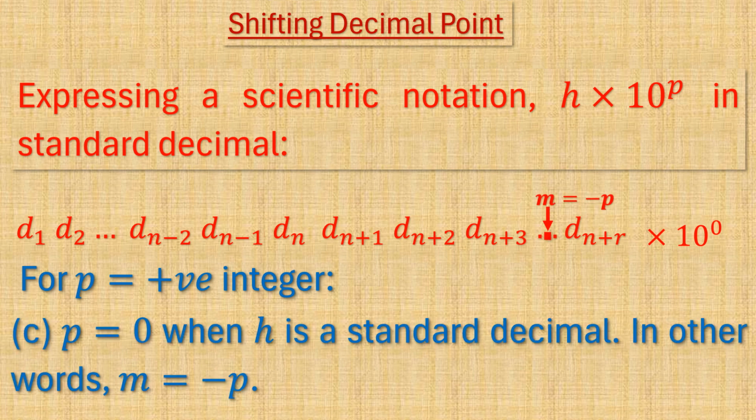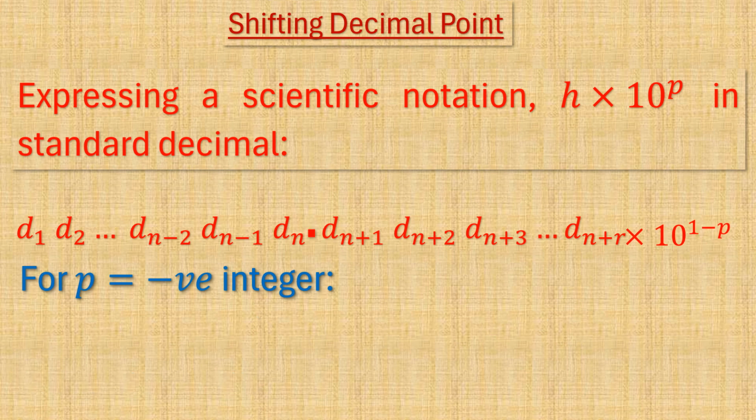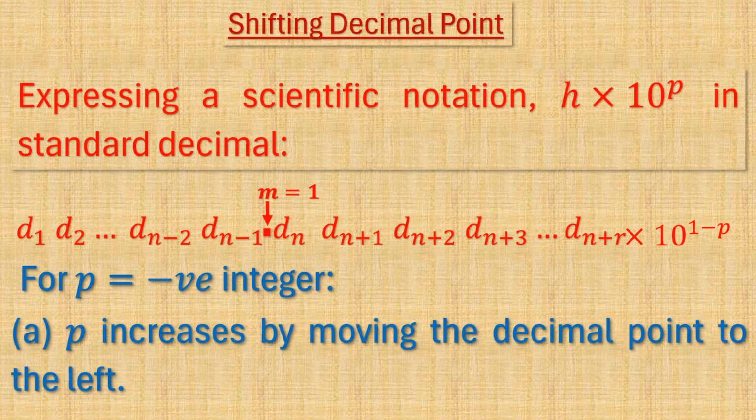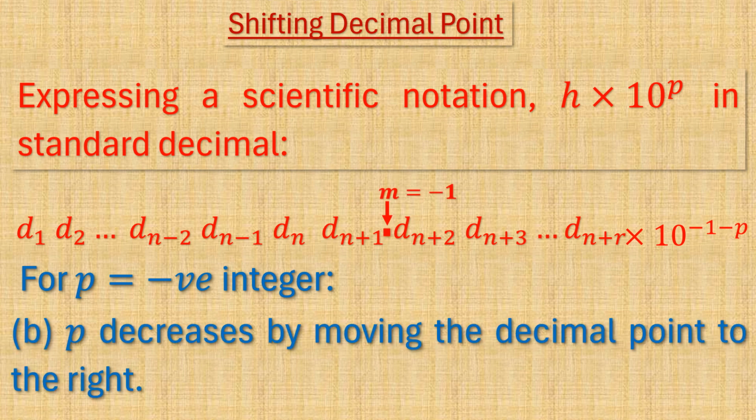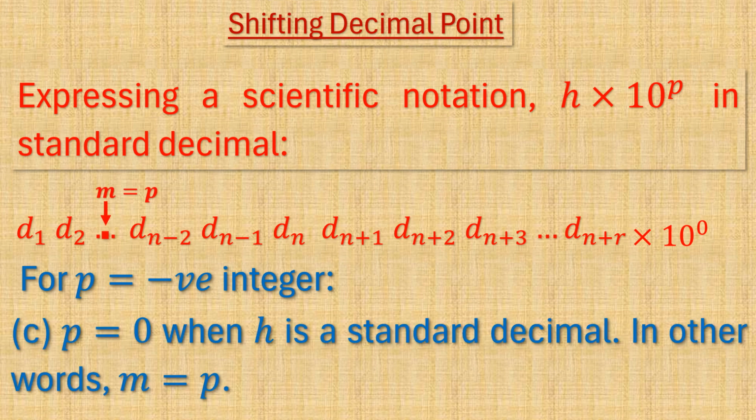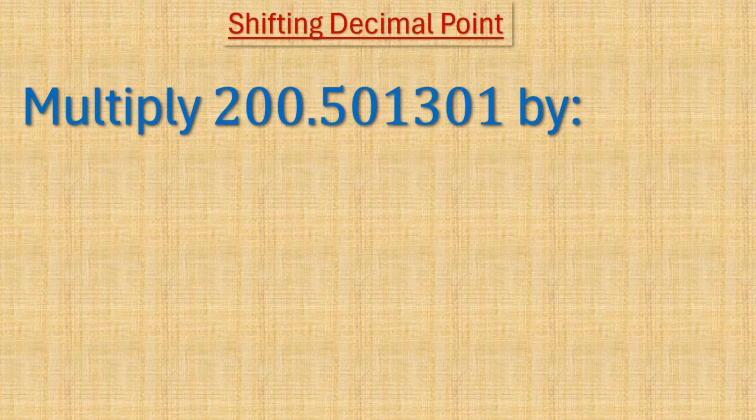P equals 0 when h is a standard decimal. In other words, m equals minus p. For p equals negative integer, p increases by moving the decimal point to the left. P decreases by moving the decimal point to the right. P equals 0 when h is a standard decimal. In other words, m equals p.